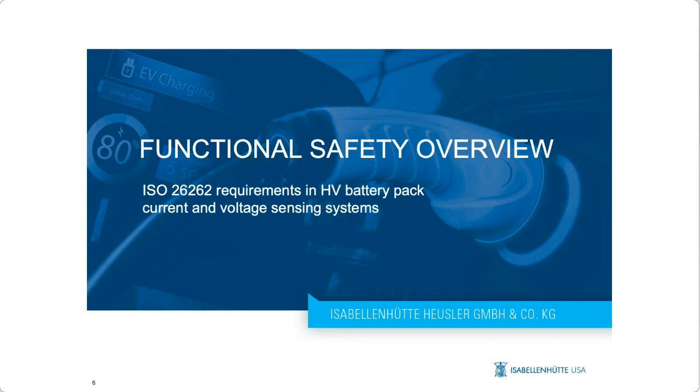Now we want to talk a little bit about functional safety, especially the requirements in high voltage battery pack systems according to ISO 26262, and also especially geared towards current and voltage sensing systems.